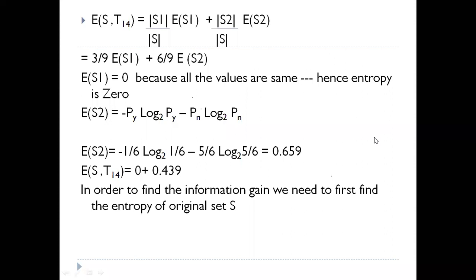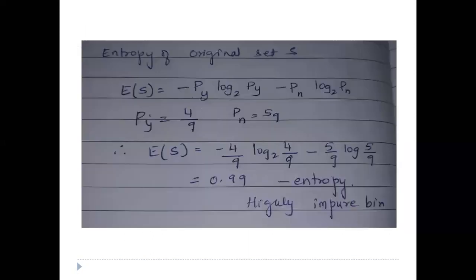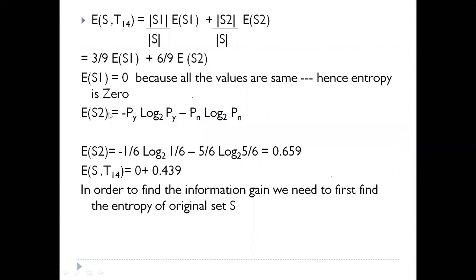In order to find the information gain, we need to find it for the split point 14 and the split point 21. Now we have calculated split point 14. To find the information gain, we first need to find the entropy of the original set S. E of S is minus P of Y log 2 P of Y minus P of N log 2 P of N. It is the same formula I applied for S2.